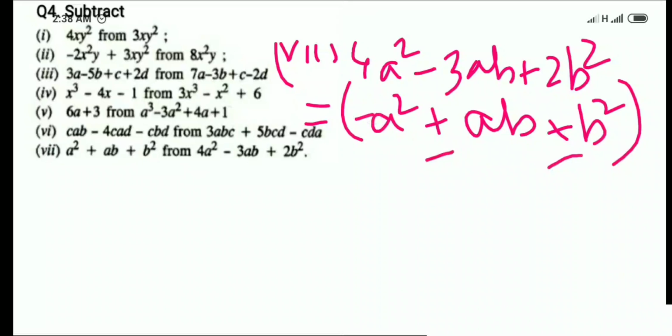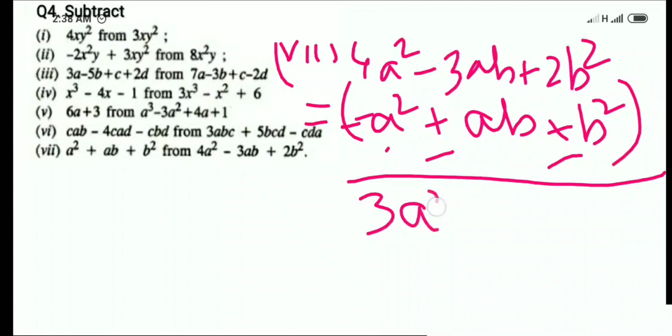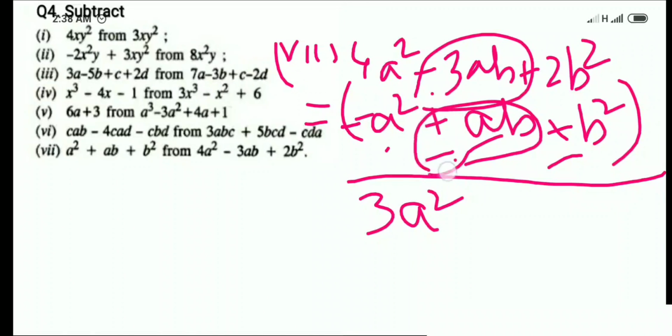Plus minus minus plus minus minus, and this itself is minus A square. Therefore, the answer is A square. Therefore, this is 3A square, minus minus becomes plus.